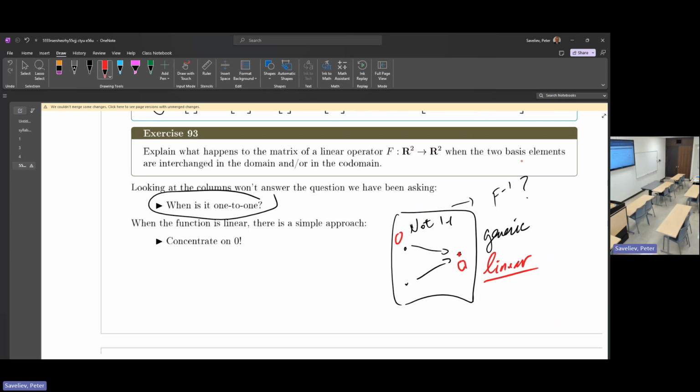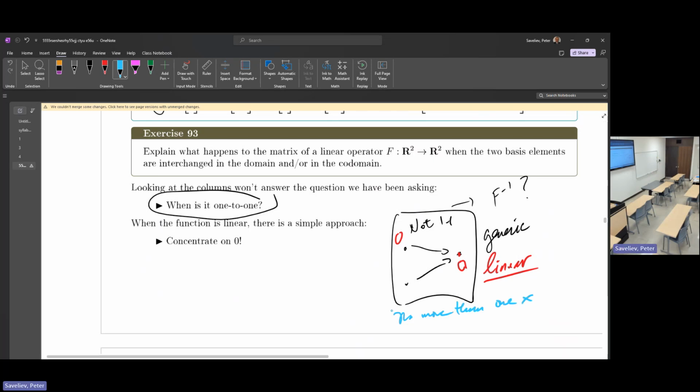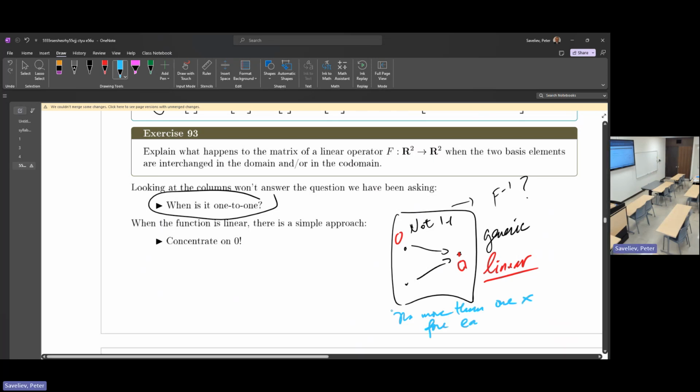Once again, the question of one-to-one is there should be exactly or no more than one x for each y. Generically, no more than one x for each y.